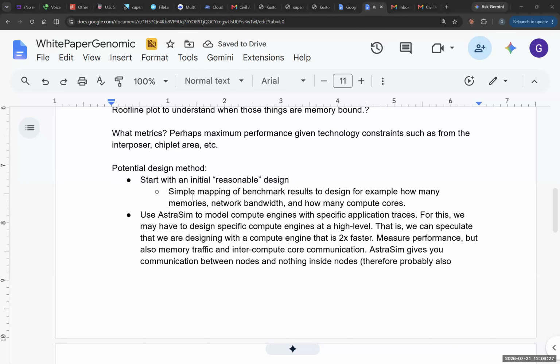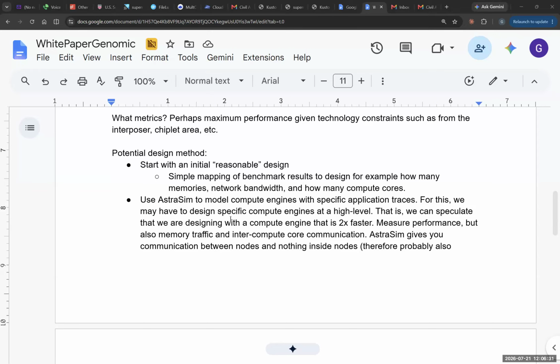Well, if we're going to use this iterative design process, at every iteration we have to have an estimate of how well our candidate design will perform. What's the throughput that we're going to get, and what's the power, and so on. Especially the performance part is what we're hoping to use AstraSim for. But I don't know if we were adamant about it because I don't particularly know AstraSim. Have you worked with it?